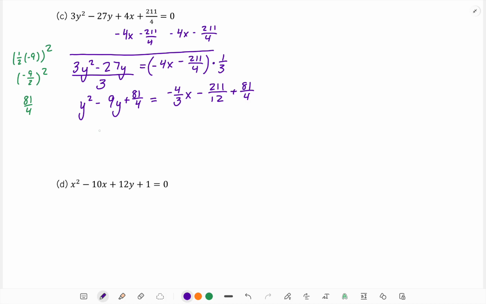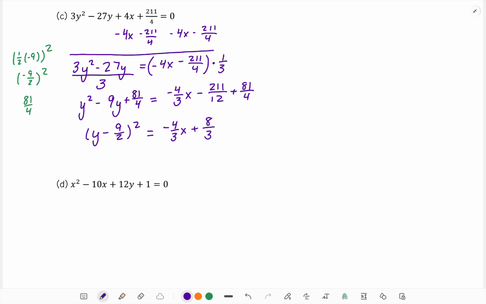Now the left-hand side does factor into y minus 9/2 squared. And on the right-hand side, what can I do? The negative 2/11 and 81/4 actually combines quite nicely to positive 8/3.